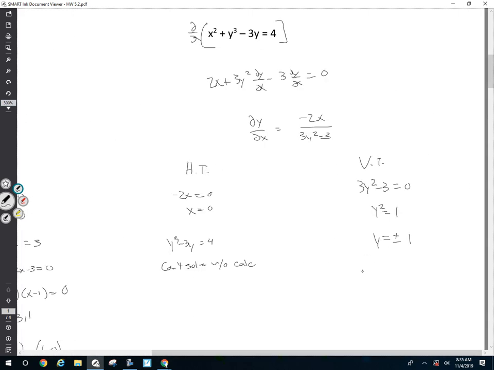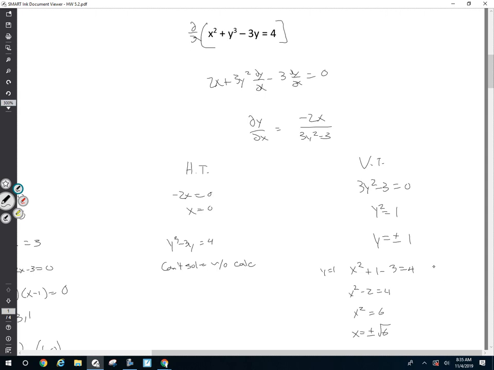If y is 1, x squared plus 1 minus 3y equals 4. No, it's minus 3. X squared plus 1 minus 3 equals 4. X squared minus 2 equals 4. X squared equals 6. X equals plus or minus root 6.